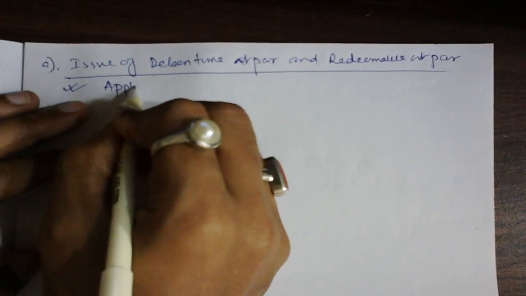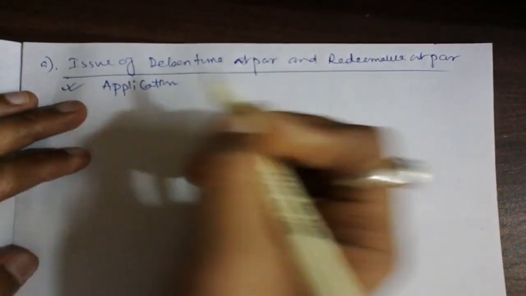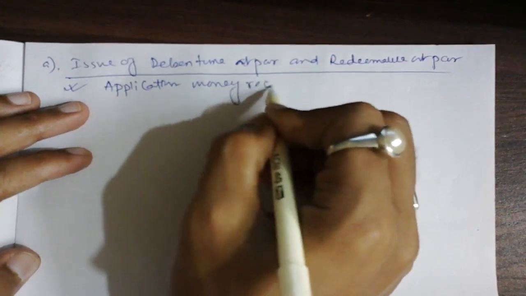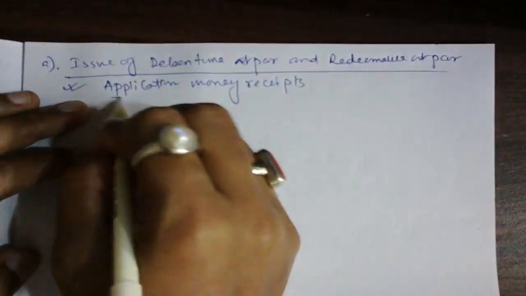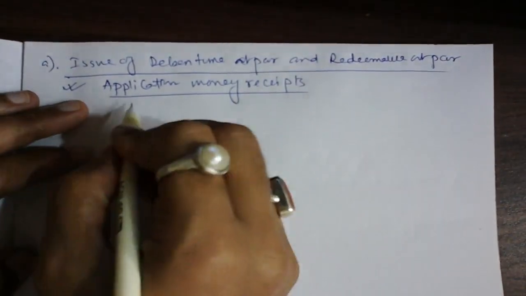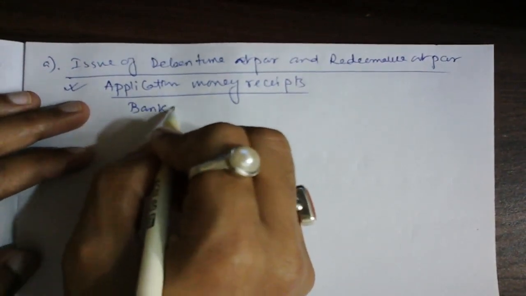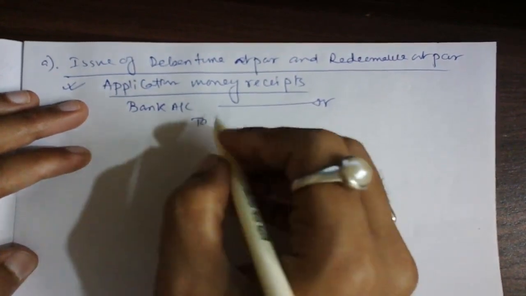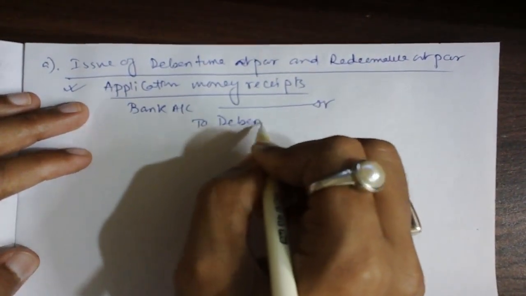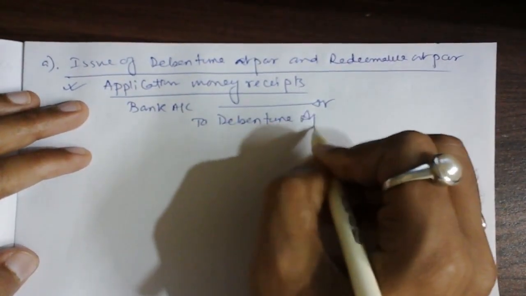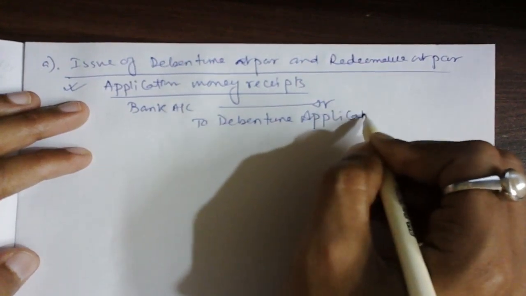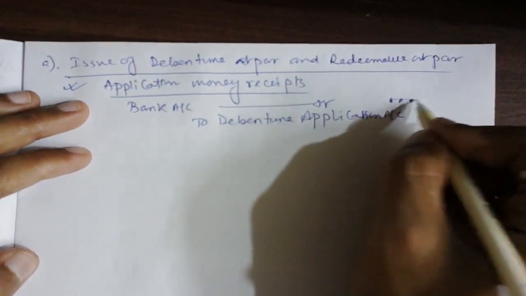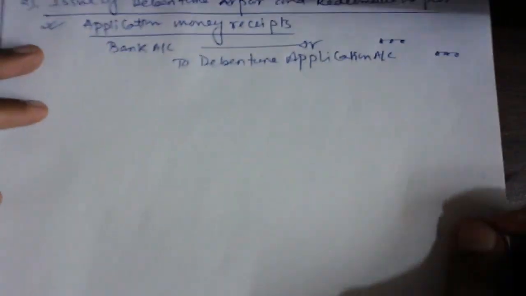Same, guys, as we learned in the issue of shares. Application money received. When you are going to receive the application money, obviously bank is debited, because what comes in is debit, and then obviously debenture application is credited. It's the application receipt.